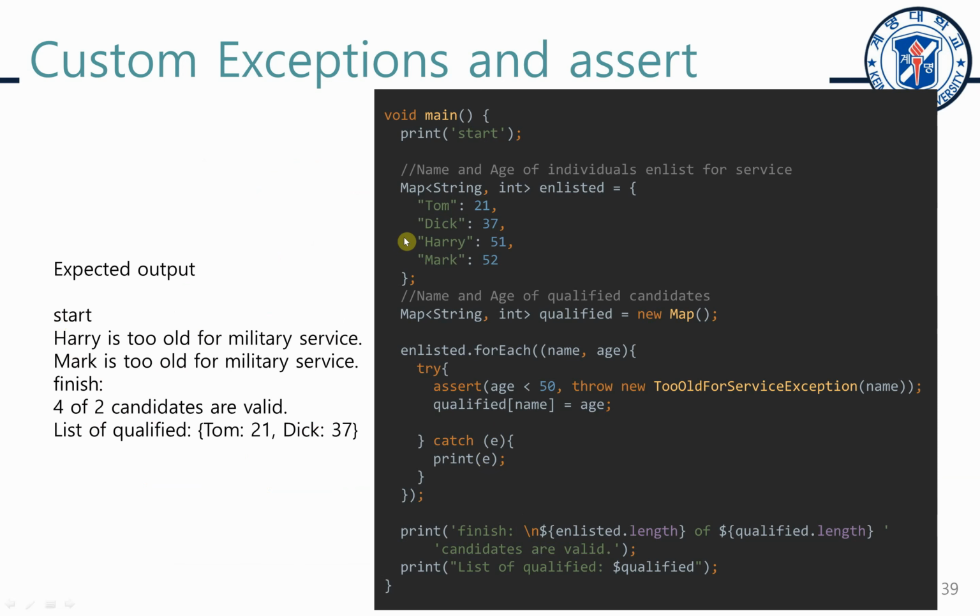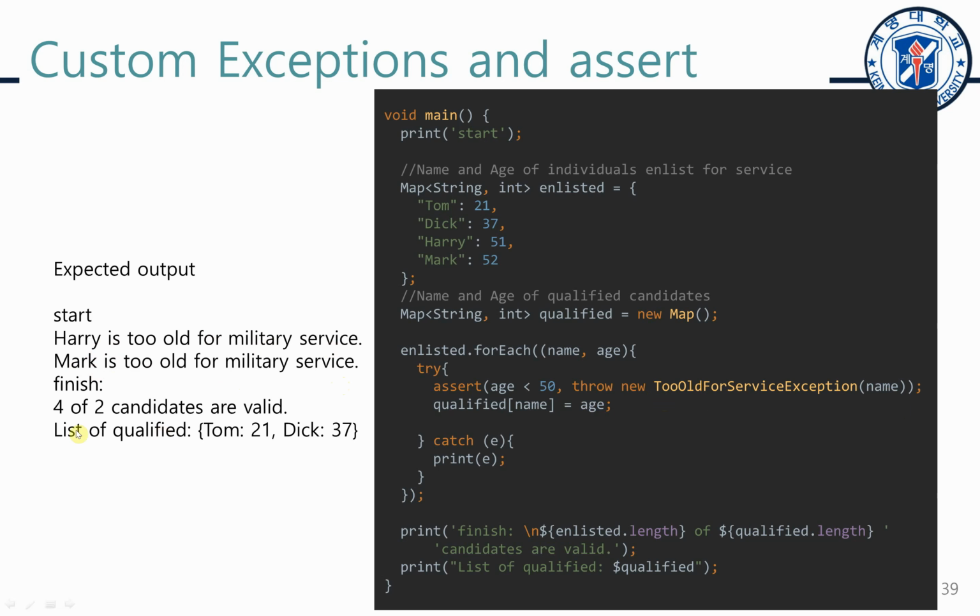So when we reach Harry, age is greater than 15, so we just invoke the TooOldForServiceException with the name of Harry, and it will say that Harry is too old for military service, and then Mark is too old for military service.